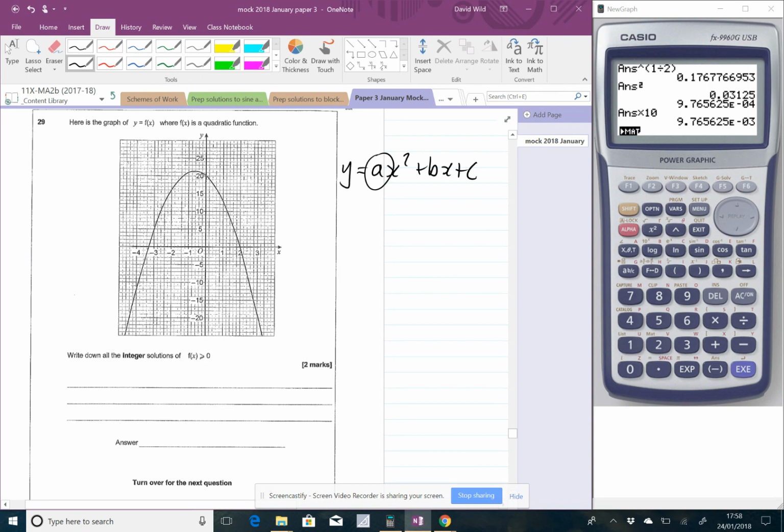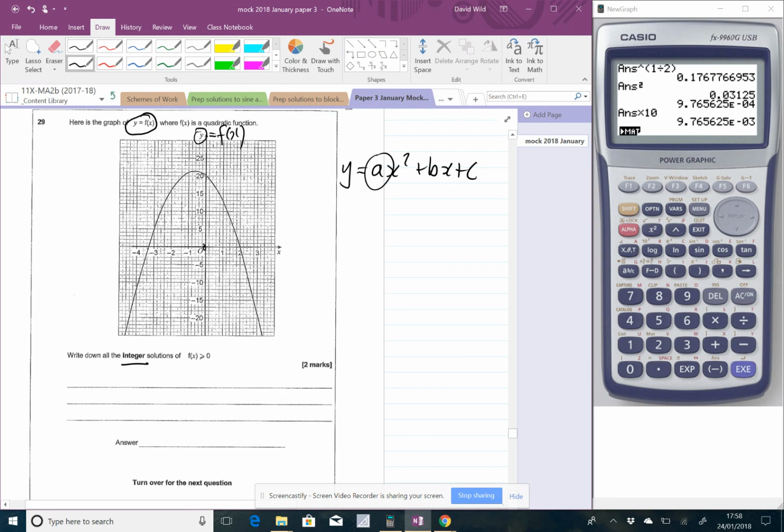Let's see. Write down all of the integer solutions of f of x greater than or equal to 0. So remember, y is the same as f of x, so this y axis is the same as the f of x axis. And where does this f of x axis become greater than or equal to 0?